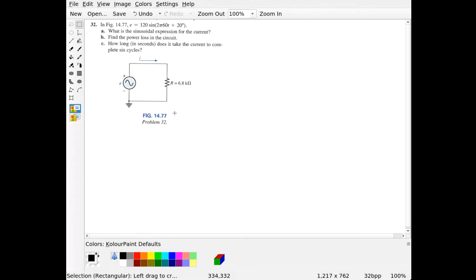And so looking at this, we see that we have the sine wave. This is our voltage source here. And this voltage source, they give us up at the top in the instructions, they tell us what that is exactly.